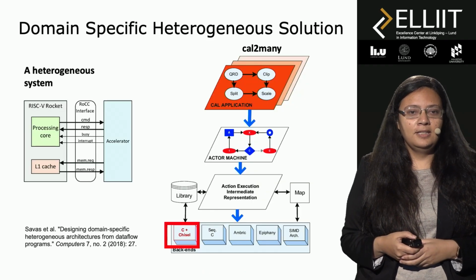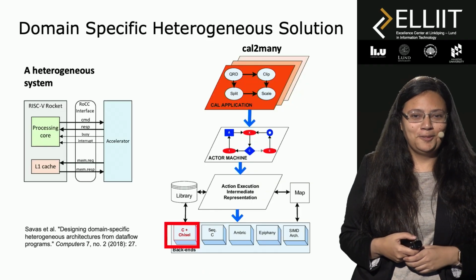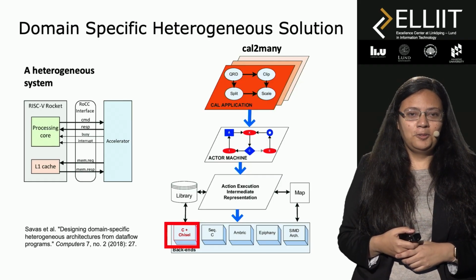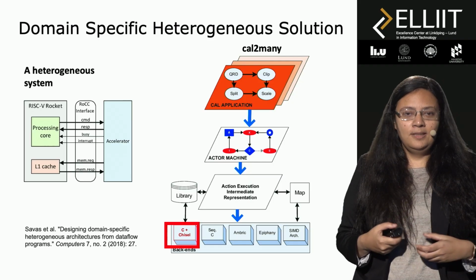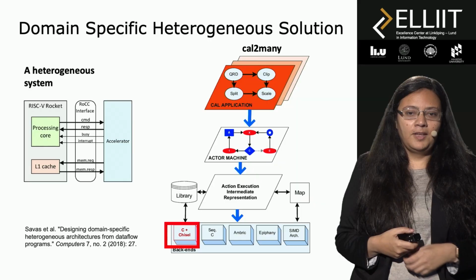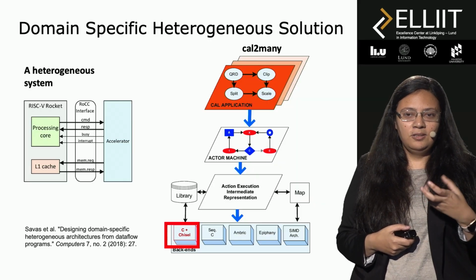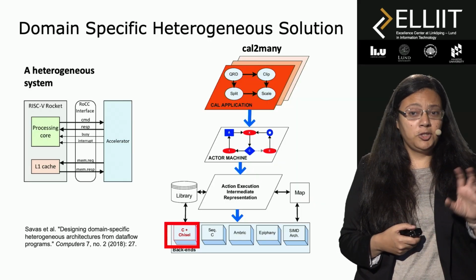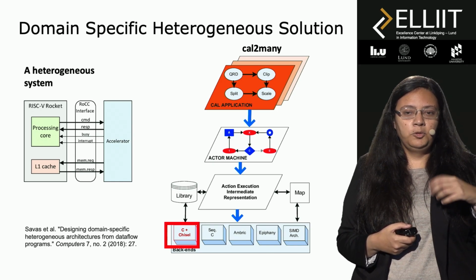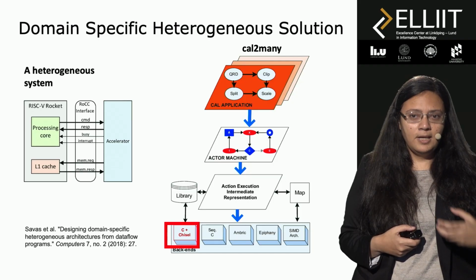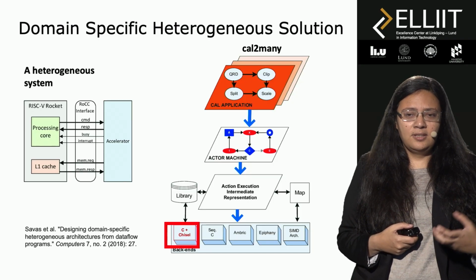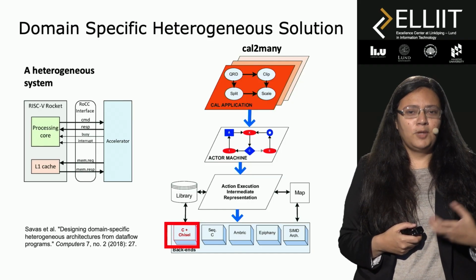So in 2018, we took our cal2many tool, which we talked about before, and we tried to modify it to generate what we call domain-specific heterogeneous solutions, where basically, after mapping our application to run in parallel on a homogeneous system, what we do is we try to automatically profile our program and look where the program spends most of the time. If these computations can be sped up, the program can be much faster.